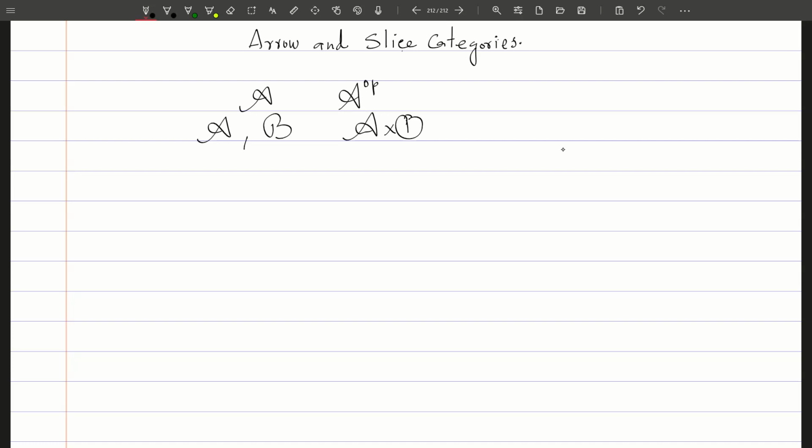Likewise, if we are given a category A, we can create an arrow category from the given category. So this is the definition of arrow category.